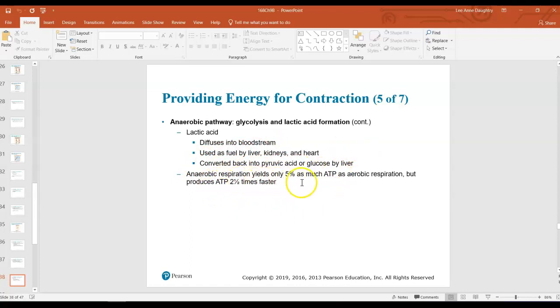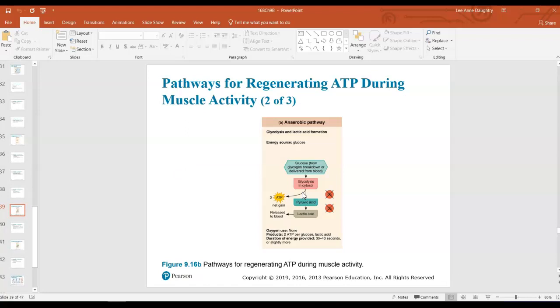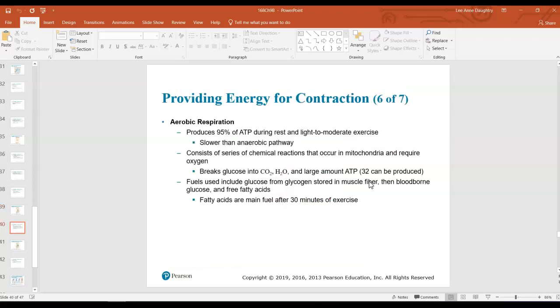Anaerobic respiration yields only 5% as much ATP as aerobic, but it does produce ATP faster. So we need anaerobic respiration during periods of fatigue. It says it takes 30 to 40 seconds to produce ATP this way.